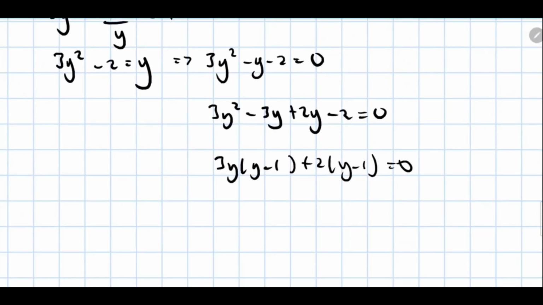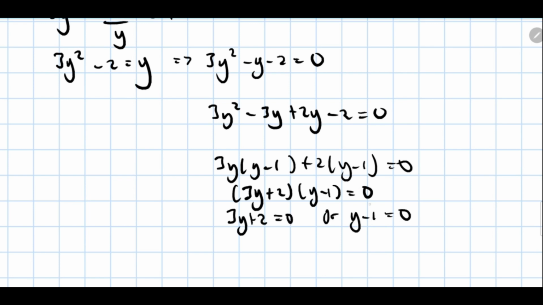Let me factorize it: 3y plus 2 times y minus 1 is equal to 0. So 3y plus 2 is equal to 0, or y minus 1 is equal to 0. Therefore, y is equal to negative 2 over 3, or y is equal to 1.